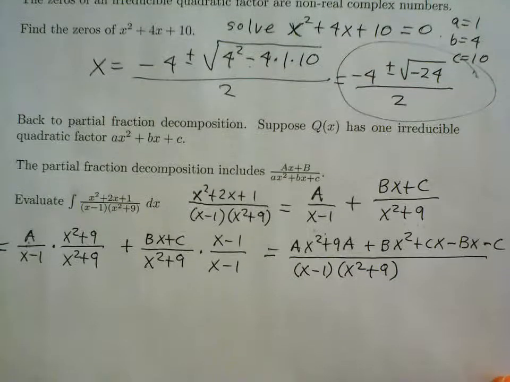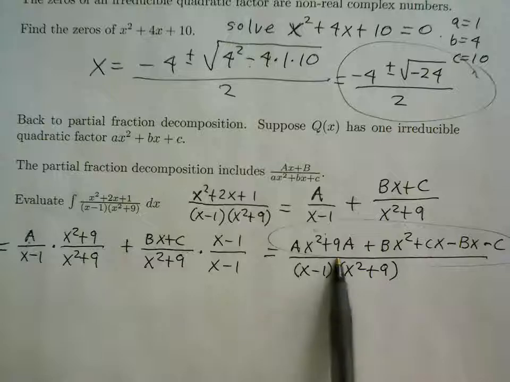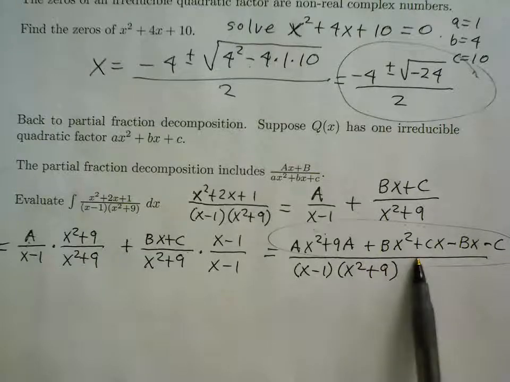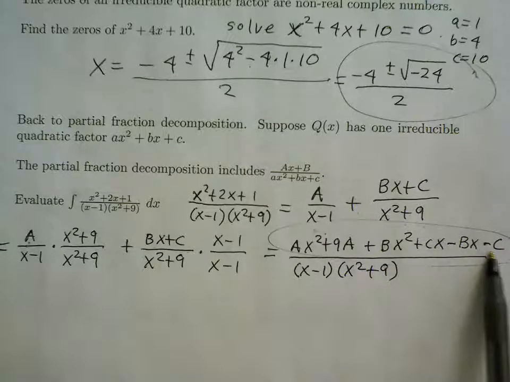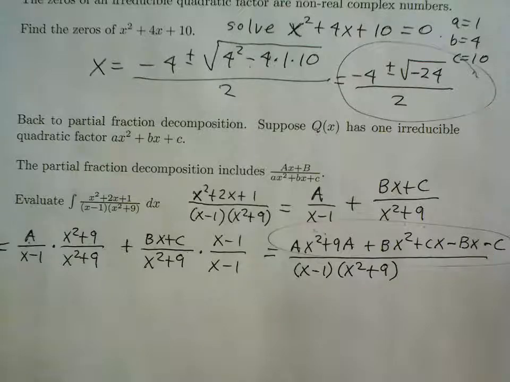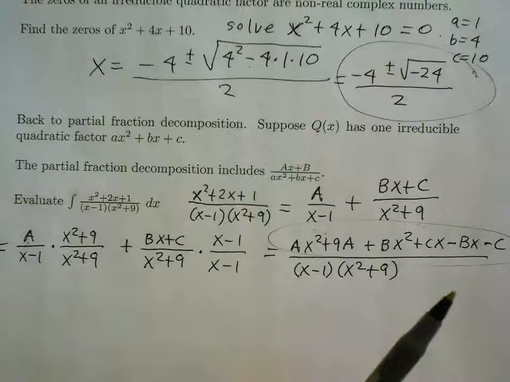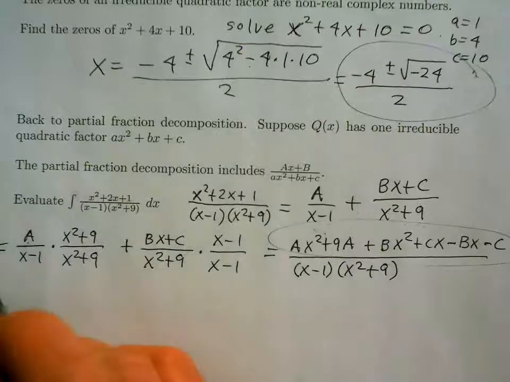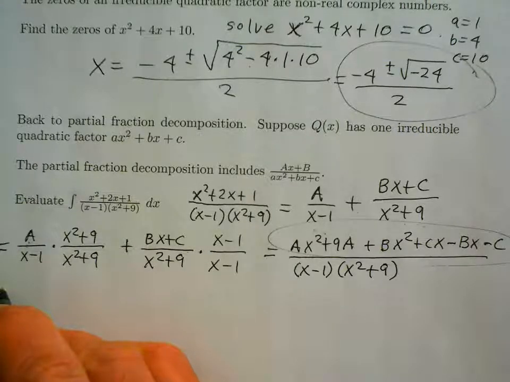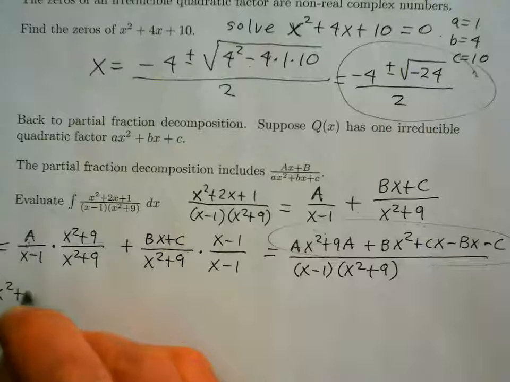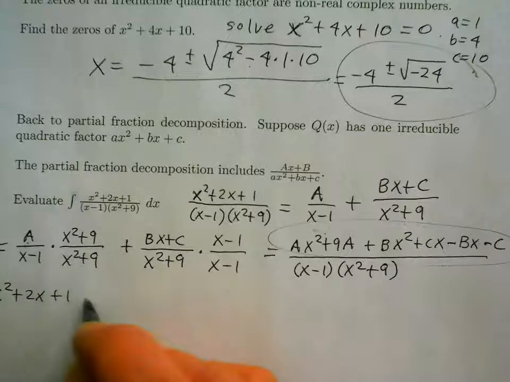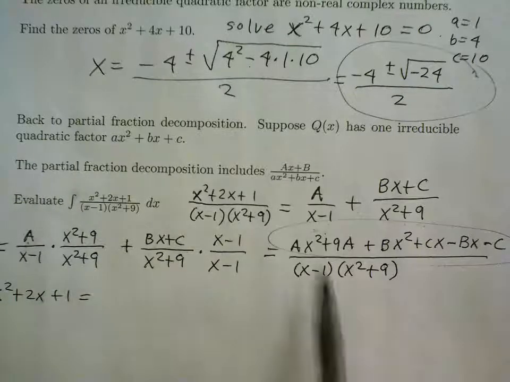Let's collect like terms. Let's just focus on the numerators. This numerator, Ax squared plus 9A plus Bx squared plus Cx minus Bx minus C, has to be equal to x squared plus 2x plus 1. We'll combine like terms.